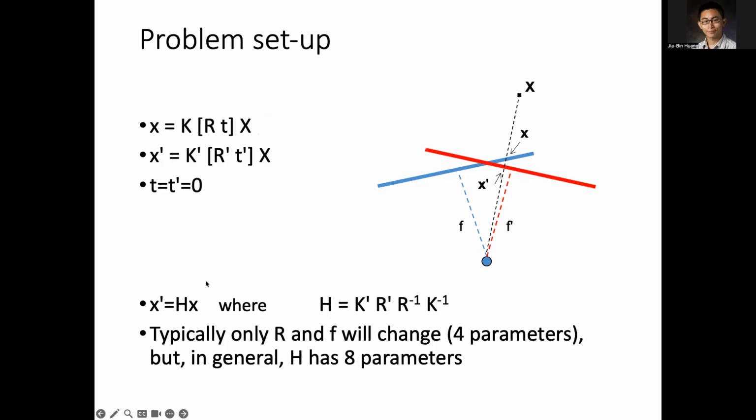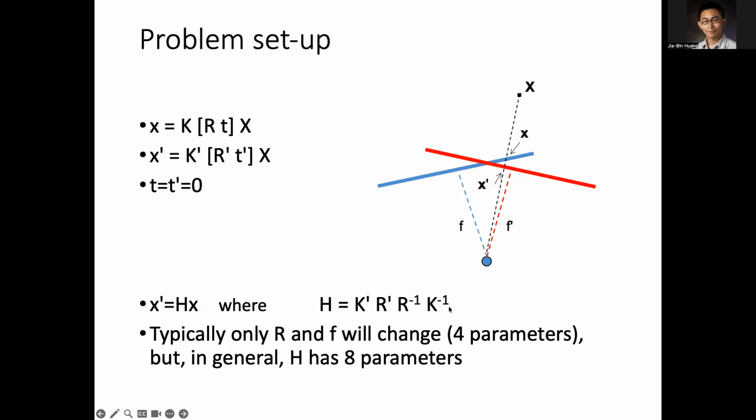X and X1 can be described by this. So if I have 2 images captured by a rotating camera, then the correspondence between all the points in image 1 and the corresponding points in image 2 can be described by a single 3x3 matrix, the H.